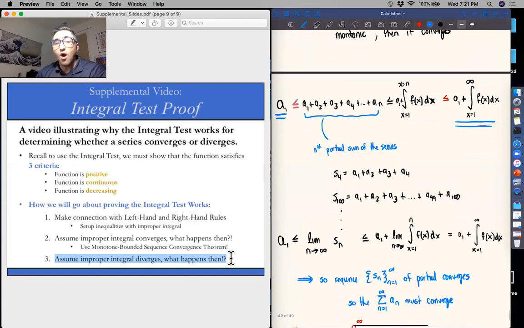And because we know that all the terms of the series are positive, going from S4 to S5 to S6, the partial sums are always increasing. Tacking on the next term is always going to give us more than the previous partial sum. So we're able to create a sequence of partial sums that was bounded and was increasing, or monotonic. And because of that, we could say that the sequence of partial sums converged.